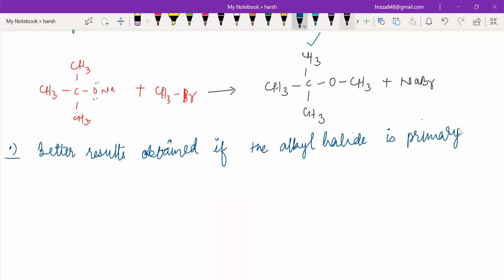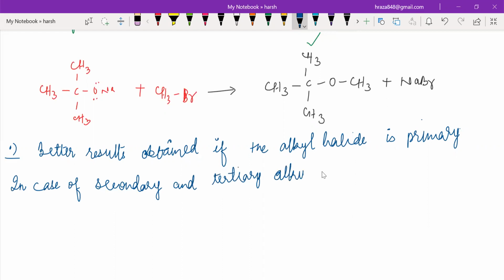But if you use secondary or tertiary alkyl halides, in case of secondary and tertiary alkyl halides, elimination will take place.